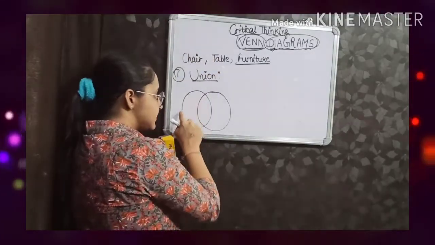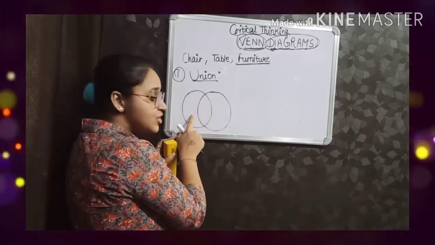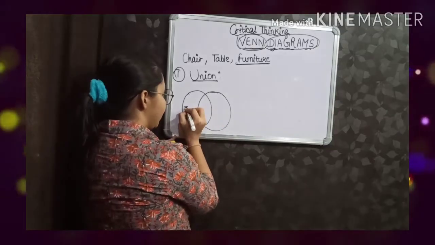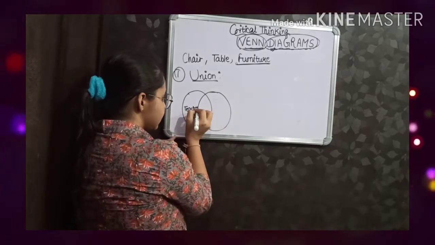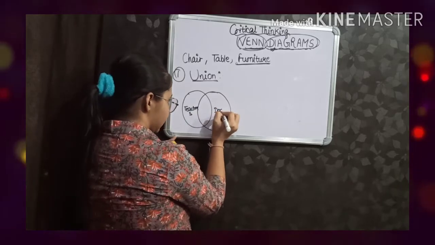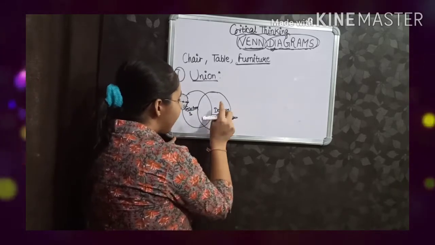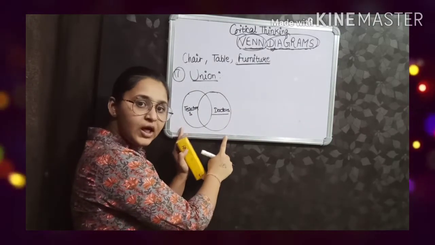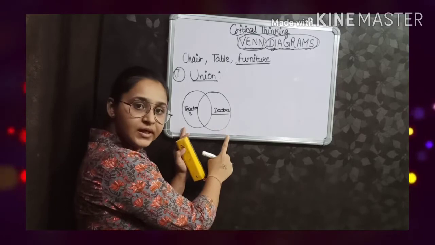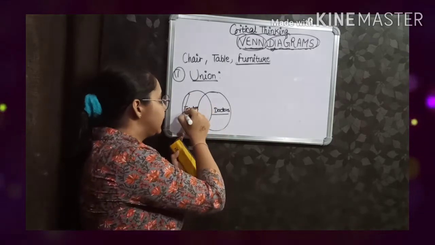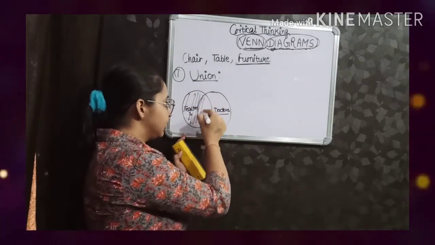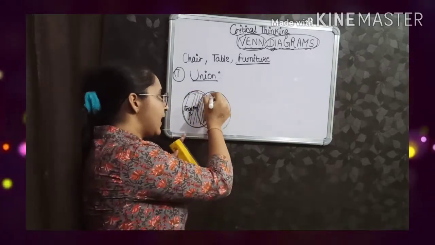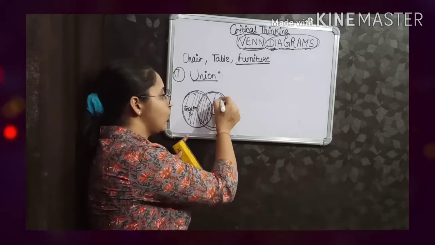This is a circle that represents the teachers group. This is a circle that represents the doctors group. Now if I represent both circles in this way, what is this representing? This complete circle is a circle of teachers and this complete circle is a circle of doctors.